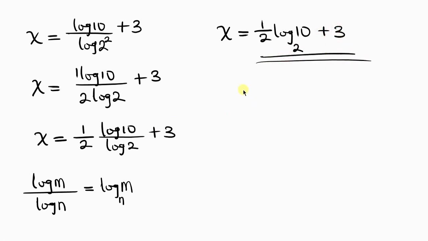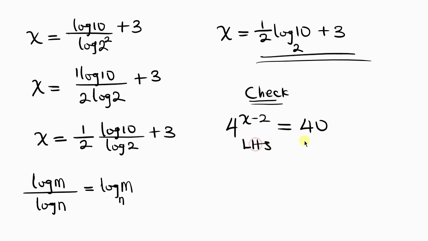Now let's check our solution to see if we are on the right track. The given question is 4 to the x minus 2 equal to 40. Now we want to check if the left hand side will be equal to the right hand side. So let's check the left hand side.